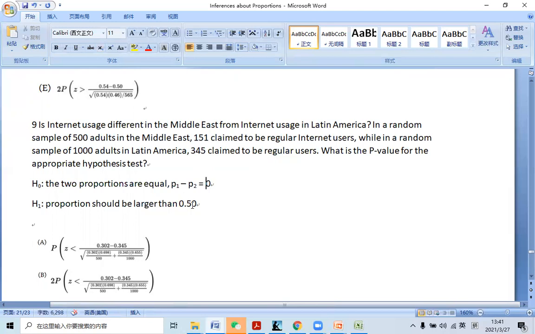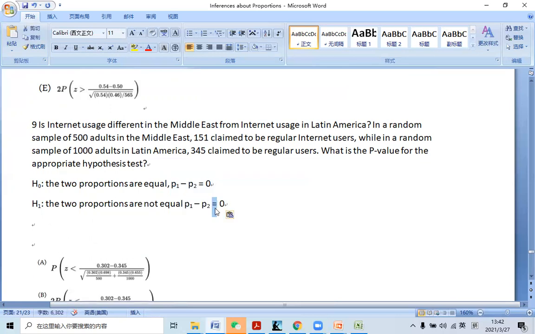And according to your research hypothesis, the two proportions should be not equal. Do you know which one is larger? Do we predict which one is larger? No, we don't know which one should be larger or smaller. They're just not equal to each other.